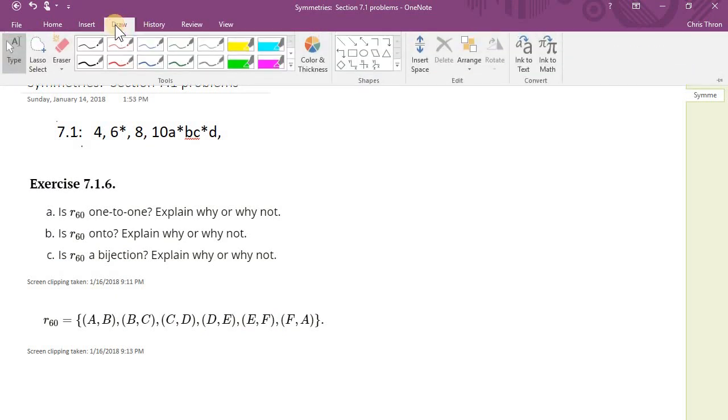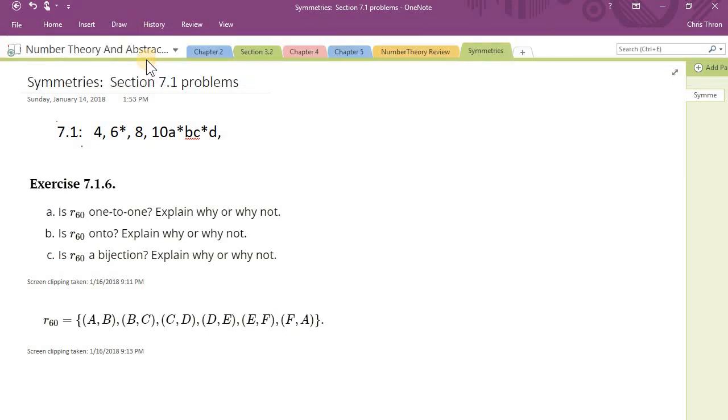So in fact, how do you tell whether something is one-to-one? Well, if each output comes from a unique input, then we have one-to-one. In fact, I could draw an arrow diagram, A, B, C, D, E, F. So these are the inputs, and the outputs, I can put A, B, C, D, E, F. And each input, in fact, is going to a unique output.